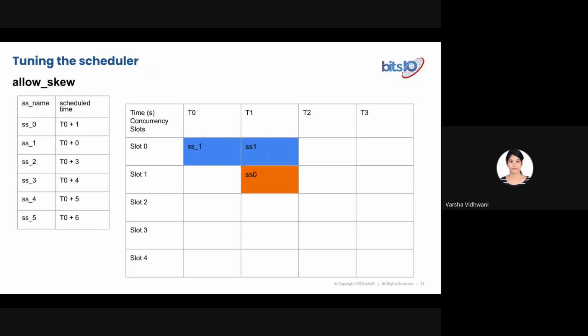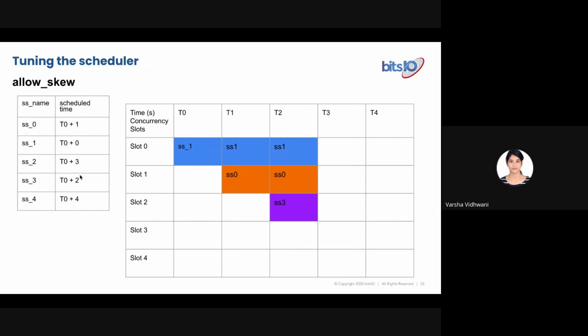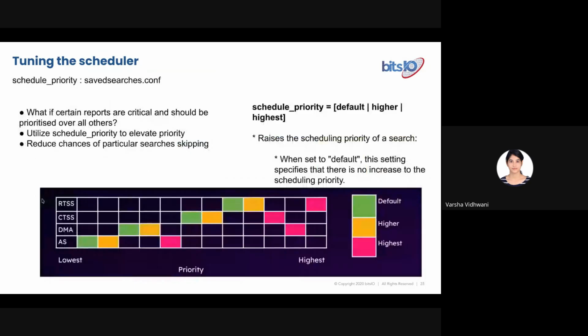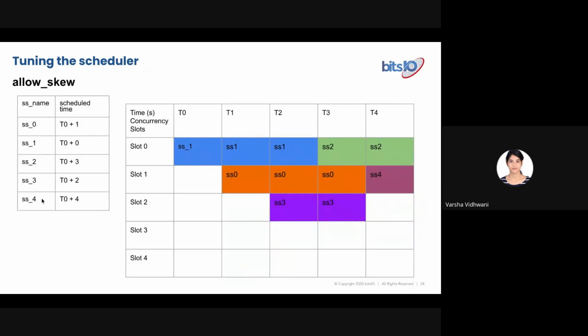Next, the scheduler will start executing SS0. Again, it will pick up SS3. Meanwhile, if SS1 is already completed, that is well and good. For T3, like T0 plus 3, we have SS2, so Splunk will start executing that. And lastly, at the fourth second, it will pick up SS4.